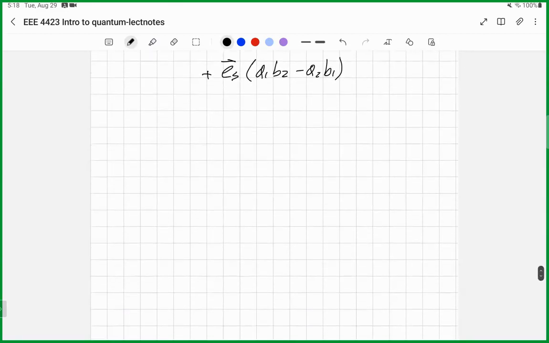As a result, we get another vector orthogonal to the vectors A and B. So the next product is the tensor product, and we will also discuss the dyadic product.